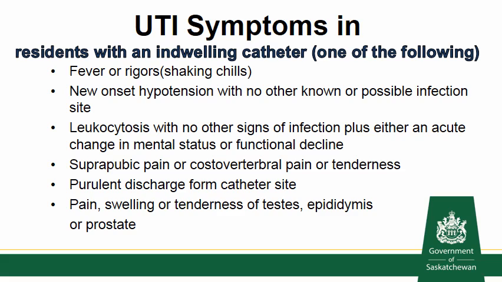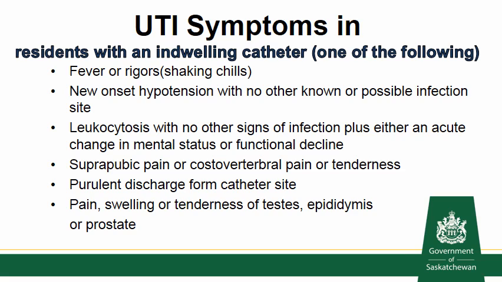For those with a catheter, the resident should have at least one of the following new or increasing symptoms: fever or rigors, which are shaking chills. Again, the fever can be a temperature of 37.8 or repeated oral temperatures of greater than 37.2, or a single temperature greater than 1.1 over the baseline.